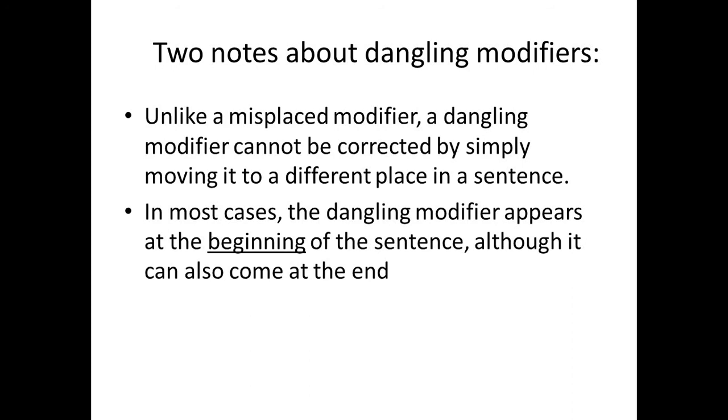Now, I saw the trailer peeking through the window. This is also an example. This means the speaker was peeking through the window, but the placement of the clause peeking through the window makes it sound as though the trailer were doing so. The sentence can be recast as, peeking through the window, I saw the trailer.